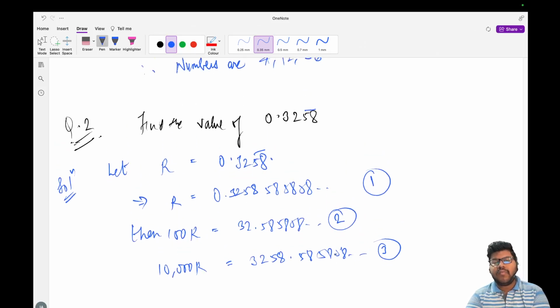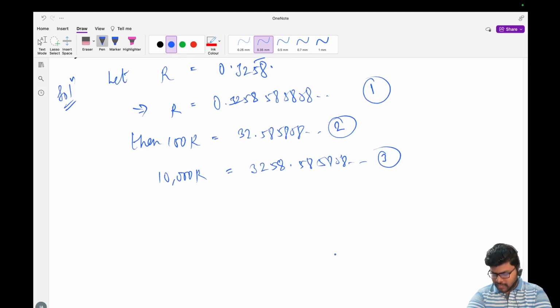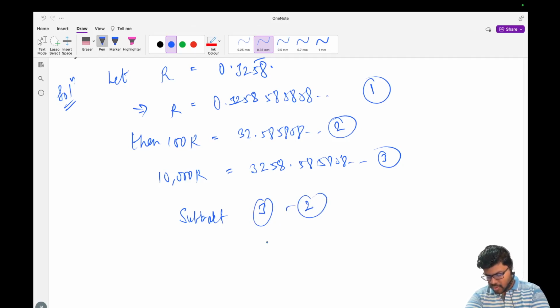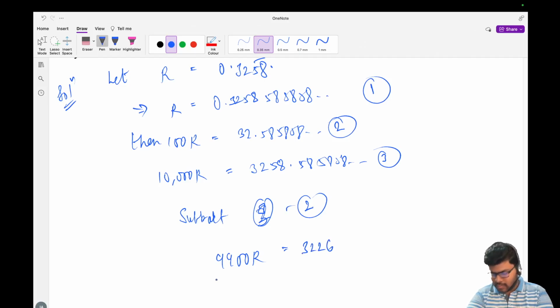We have to calculate and find the value of R. So इस तरीके से क्या होगा, जब सब्ट्रैक्ट करेंगे, सो देन this is equal to 9900 R, which is equal to 32926.